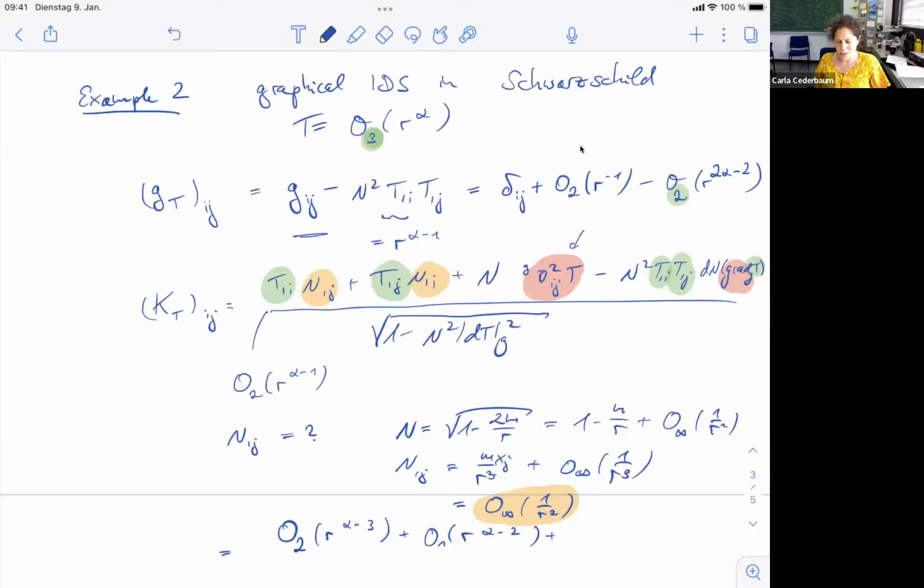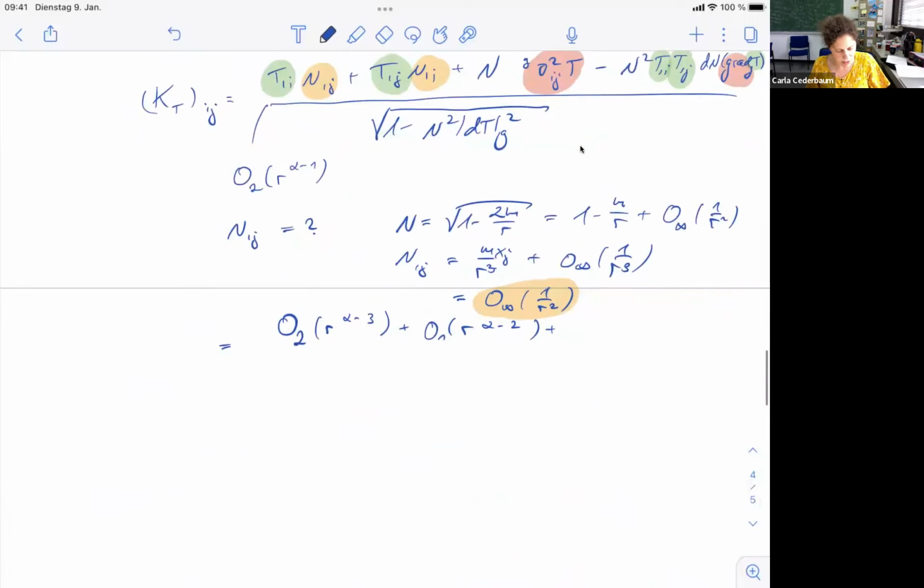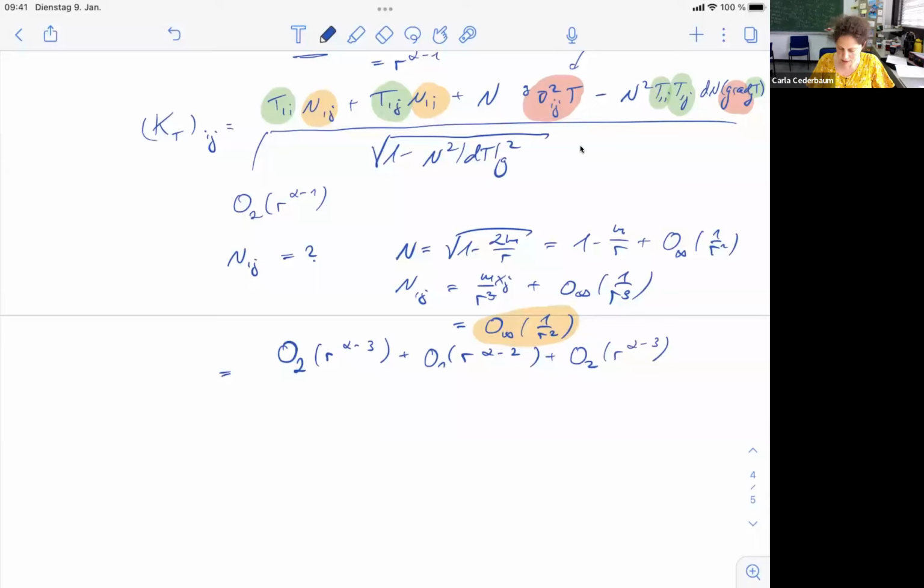And there I would need to use what I first showed you up here for the Schwarzschild metric in these coordinates. I'm not going to show you all the details, but what you get from an analysis of those Christoffel symbols is r to the alpha minus 3. And then from this last term, this mixed term, which has n derivatives and t derivatives, I get some r to the 3 alpha minus 5. And the denominator is 1 plus O2 r to the 2 alpha minus 2.